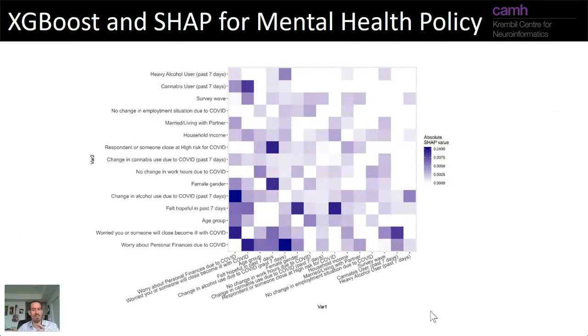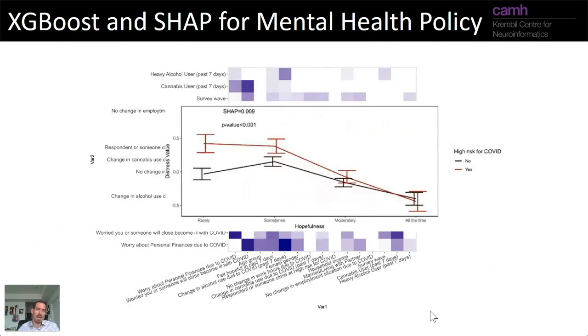You can also look at SHAP values for the intersection of variables, and we did that looking at the interaction of all of the features in our data set, ranked them, and validated with linear regression to put some kind of a value on uncertainty, give it a p-value, and identify this interaction. For example, whether or not you were at high risk for COVID, a perceived high risk for COVID, and whether or not you were hopeful.